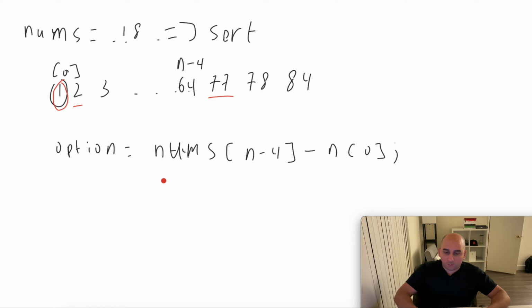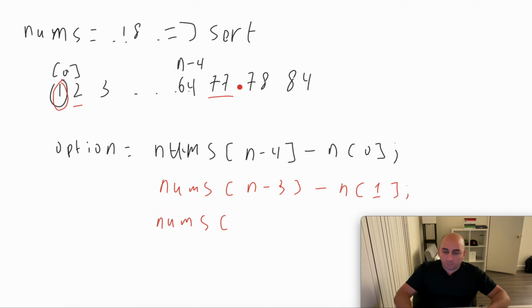So that would give us nums[n - 3] minus nums[1]. So we are taking this element and the difference with nums[1].